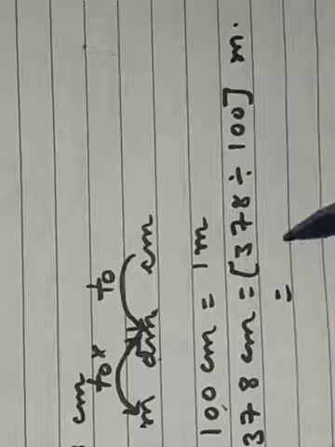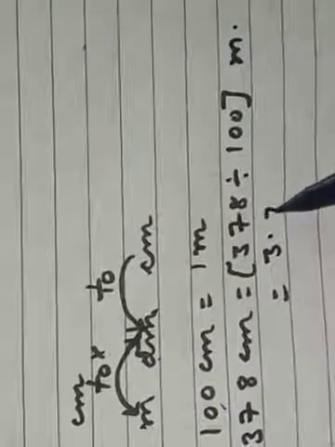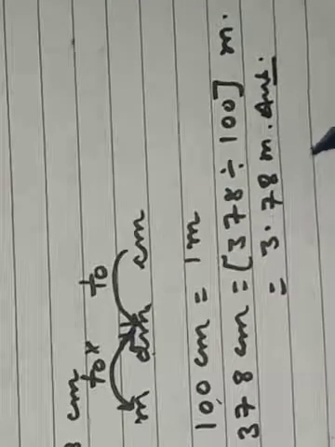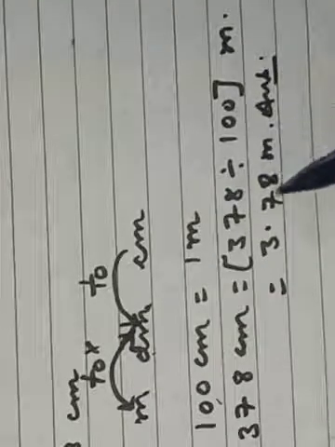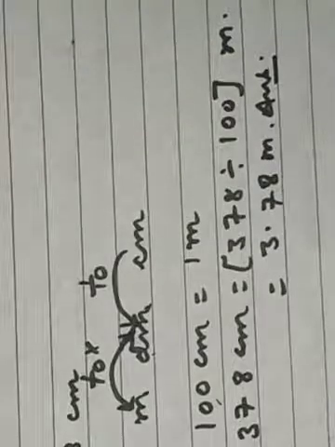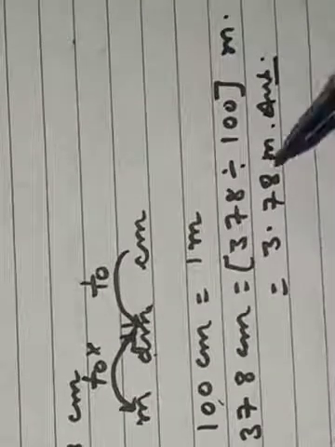And on dividing 378 with the divisor 100, we get the answer as 3.78 meter. Answer. Okay, understood? Like this you have to solve all the questions given in question number 2. Now question number 3.